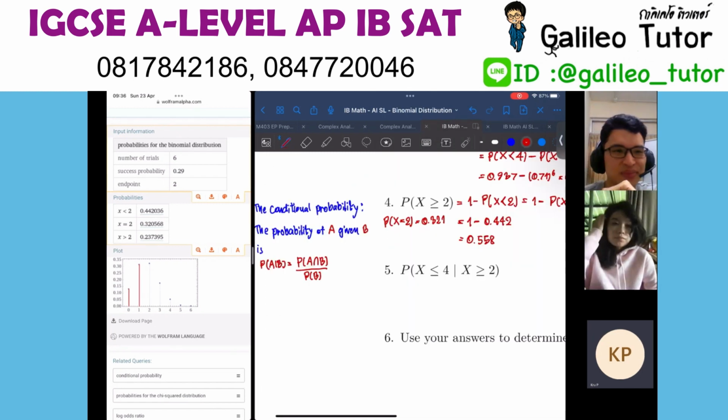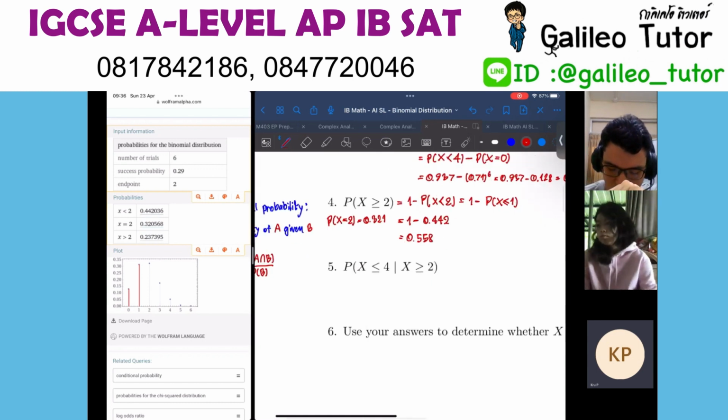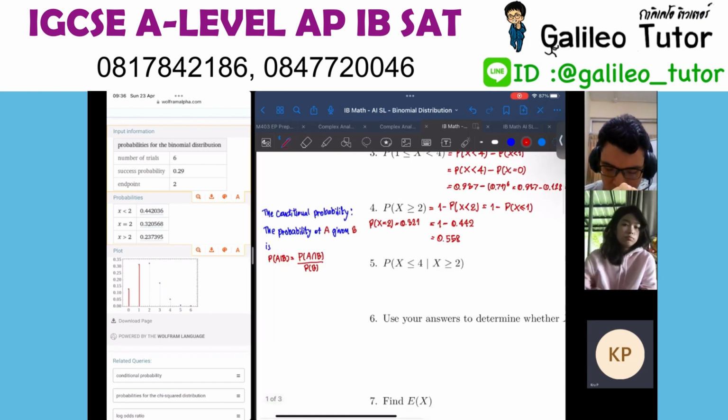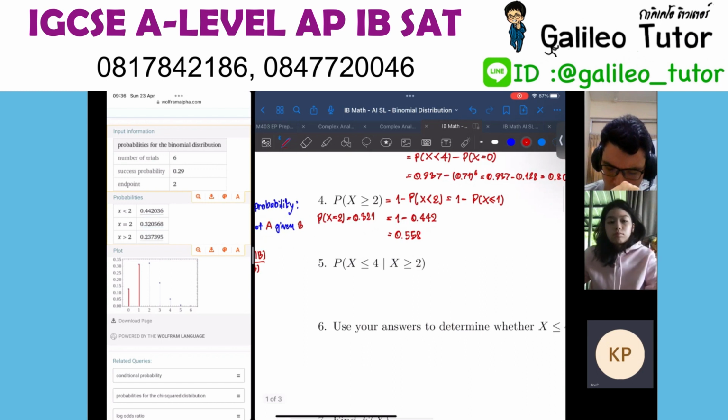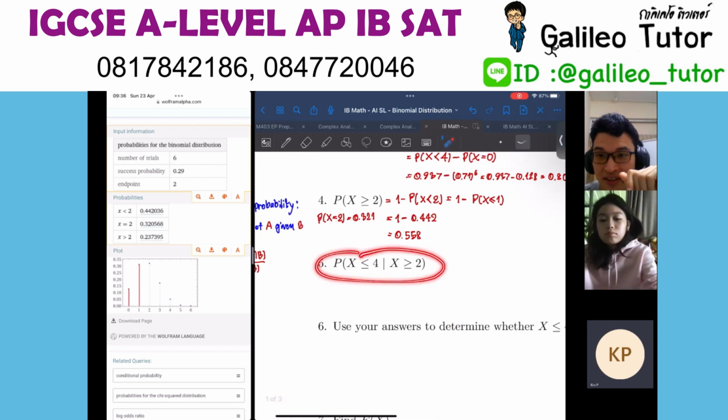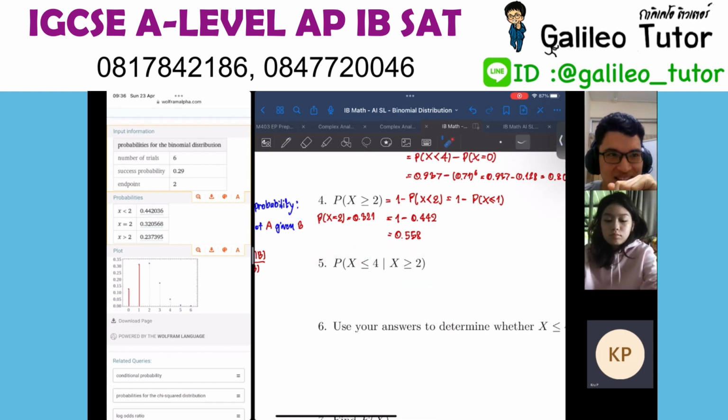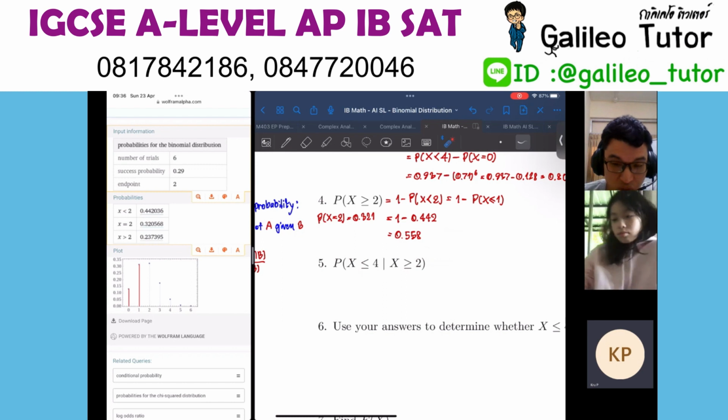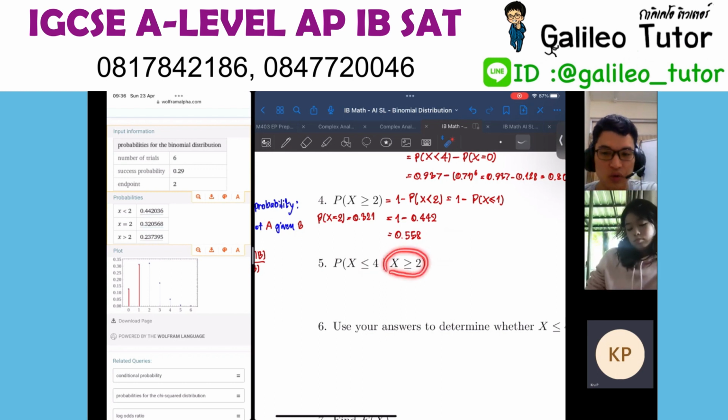So, how to calculate this one? Conditional probability. Conditional probability is the probability of x less than or equal to 4, given that x is greater than or equal to 2.